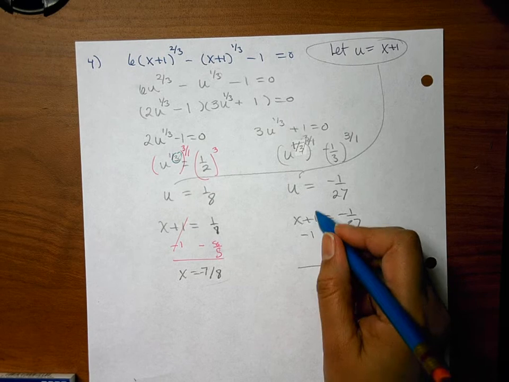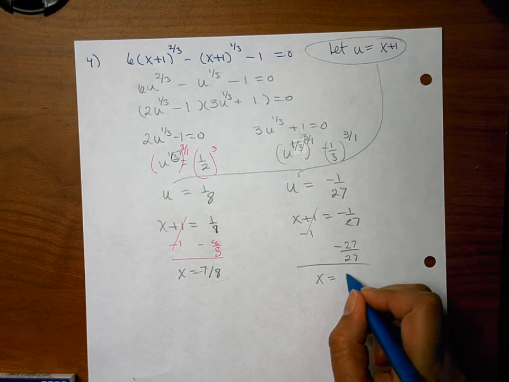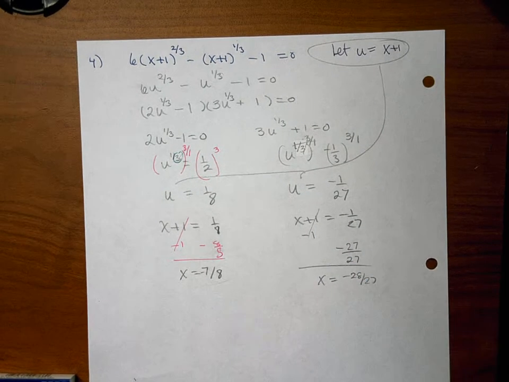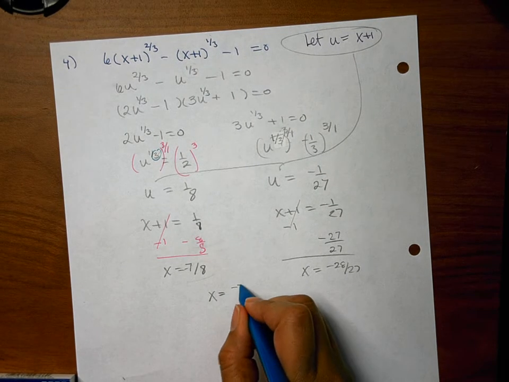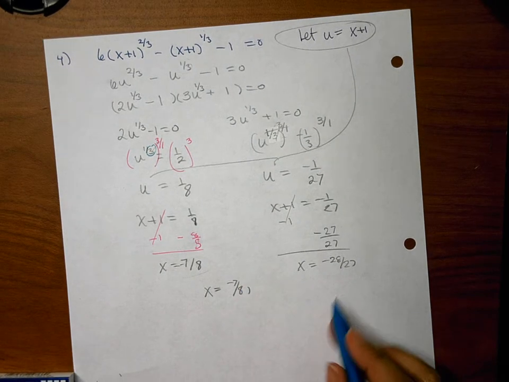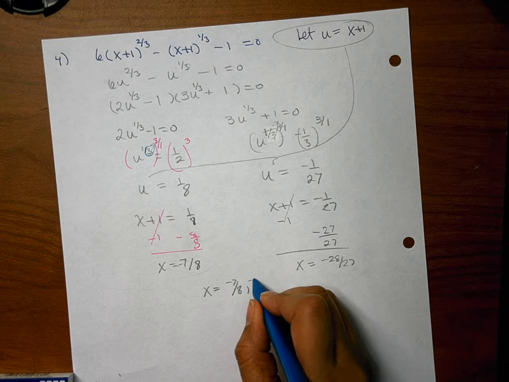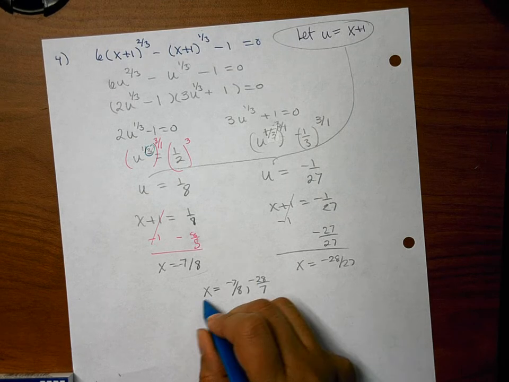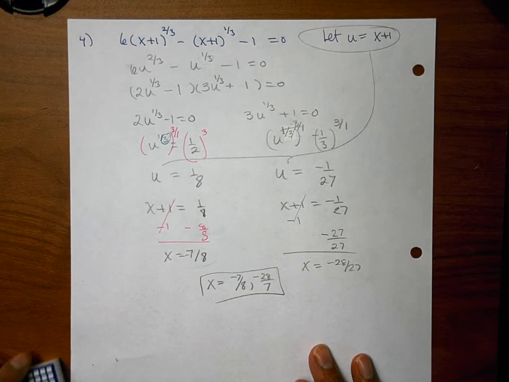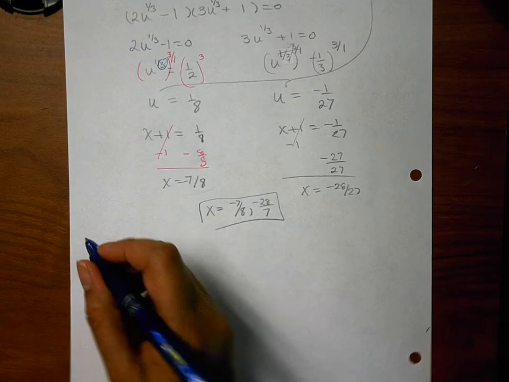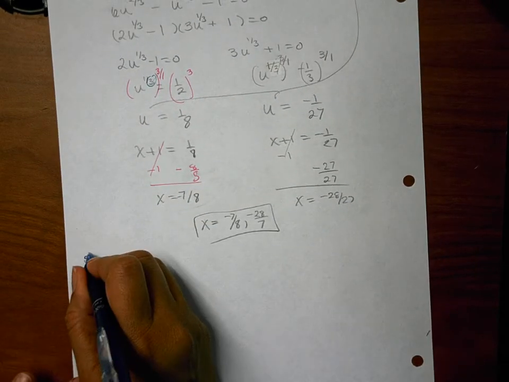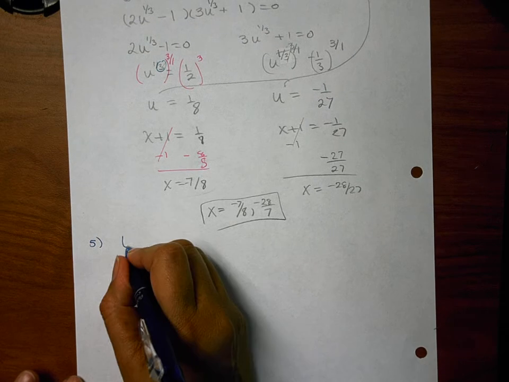And I'm going to erase this because I may have a solution over there. X equals -7/8. X equals -28/27. So in this one I have two solutions. That is -7/8 and -28/27. Yes, expect something like this on the test.